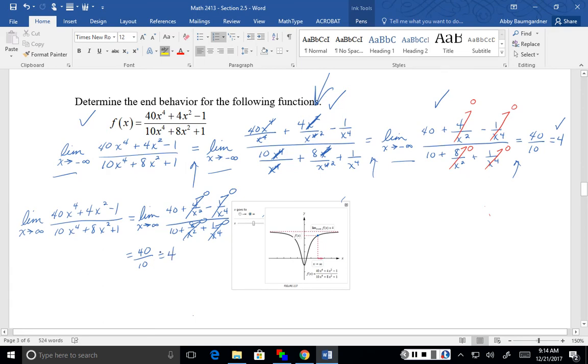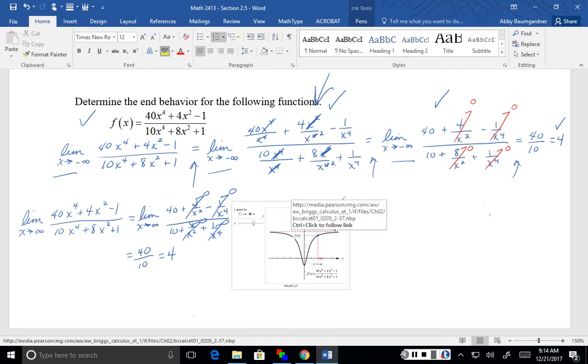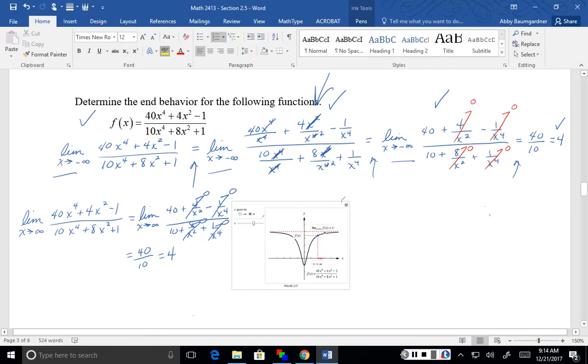So these were limits at infinity. Did they give us a horizontal asymptote as their answer? Because this is numeric, the answer is yes, right? This is a number, it's 4, and in fact, if you look at the graph, you can actually see that this graph right here tapers off, and at the edges approaches a y value of 4.